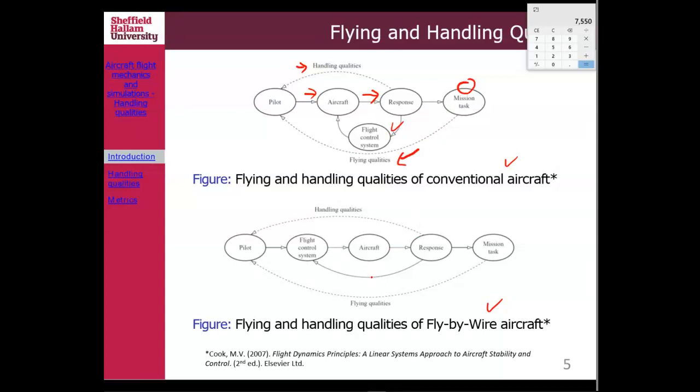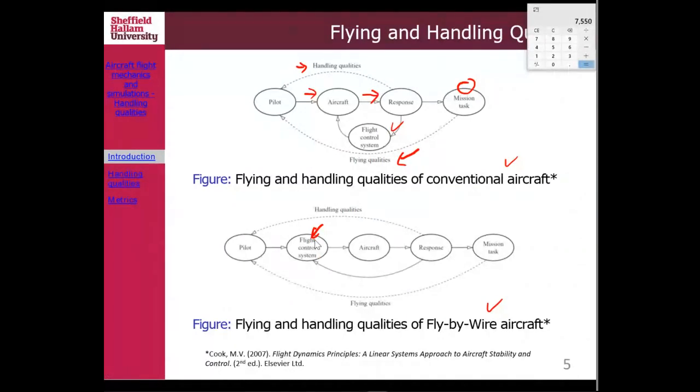Now, if we talk about fly-by-wire, in modern fly-by-wire aircraft the flight control system is usually integrated with the stability augmentation system, which obviously has computers involved as well, because sometimes the computer takes the authority to execute the command, for example.